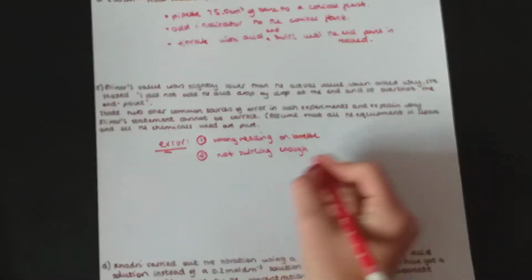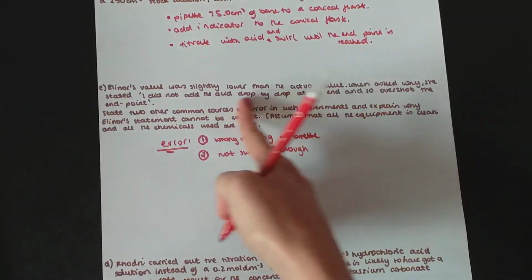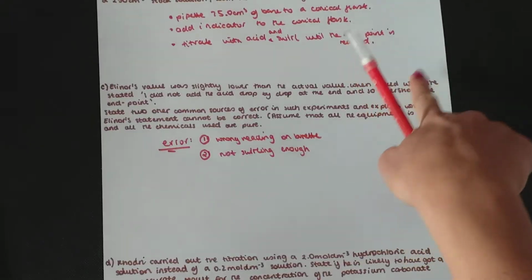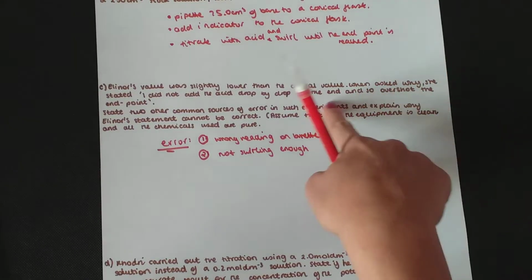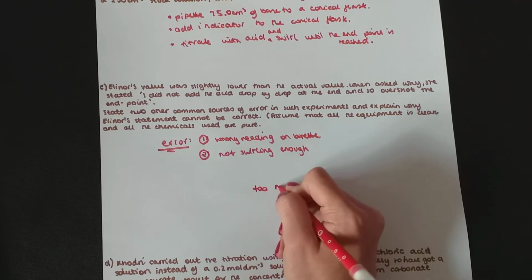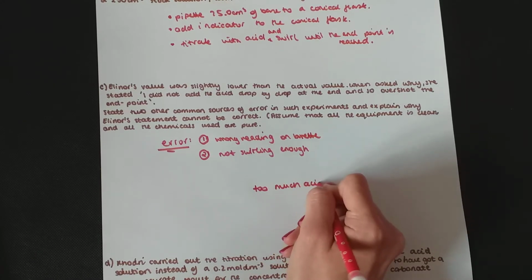So she said that she added the acid drop by drop. She didn't add the acid drop by drop at the end, so she overshot the endpoint. If she overshot the endpoint, that means she added too much acid.